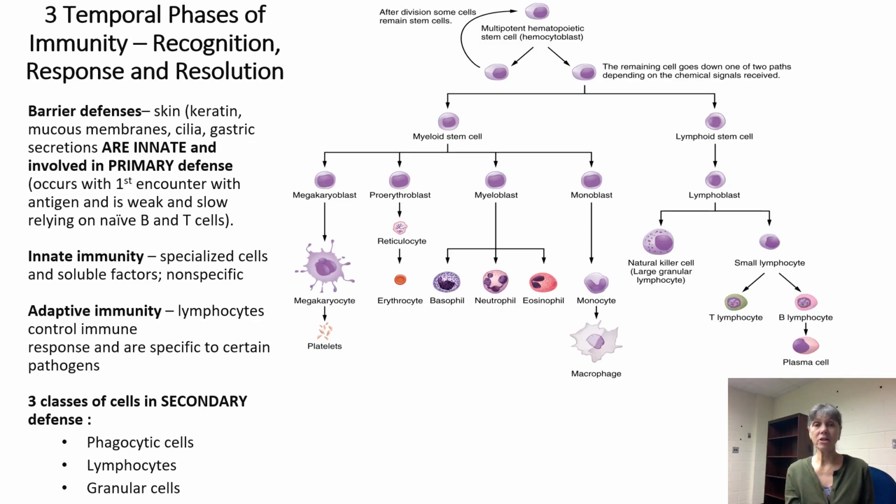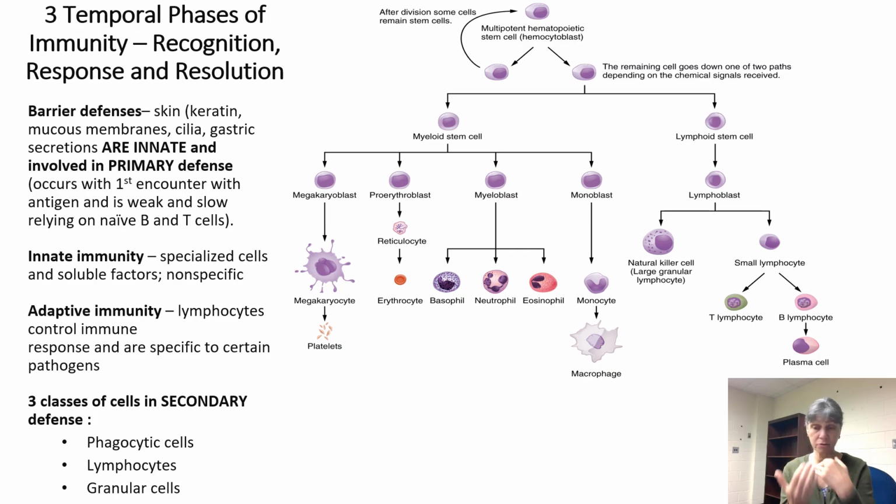Now, when we look at our immune response, there are three temporal phases of immunity: recognition, response, and resolution. And when it comes to innate immunity, that with which we are born, we have barrier defenses, which include our skin.